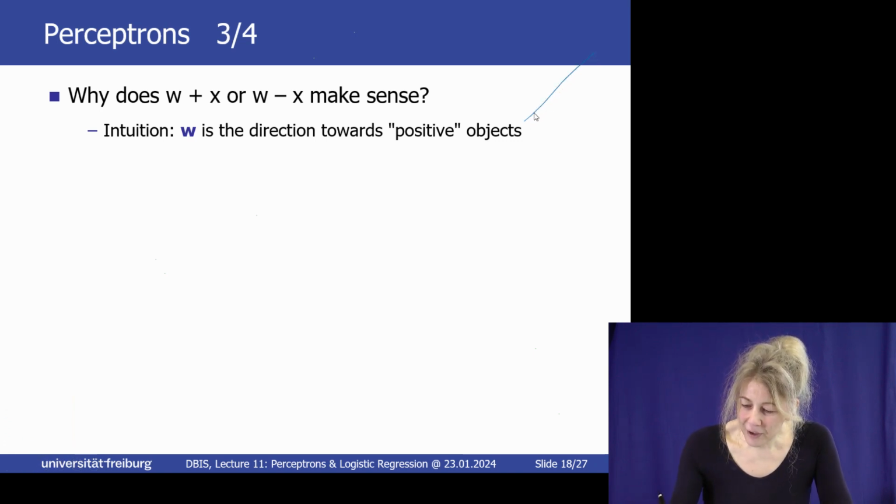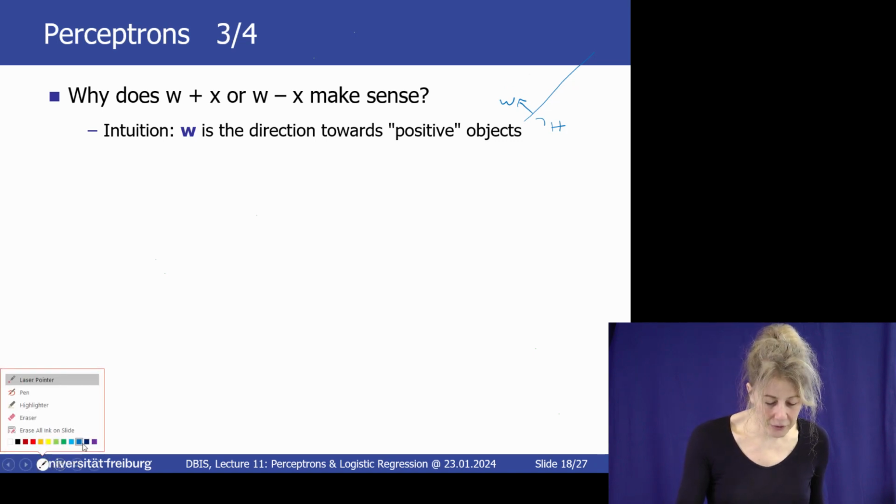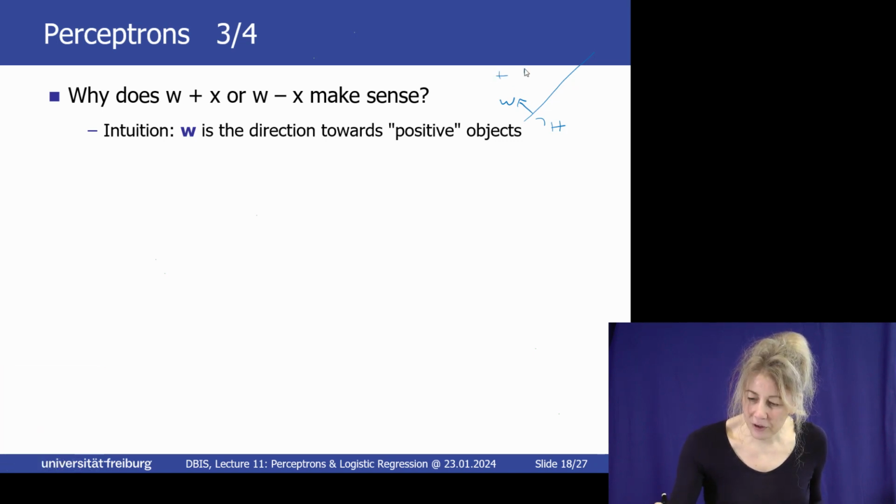So this is my hyperplane, and this is my normal vector, which defines the hyperplane, right? On this side of the hyperplane, where the normal vector points, are the positive examples, or are supposed to be the positive ones. And on the other side, I have the negative examples. Okay?